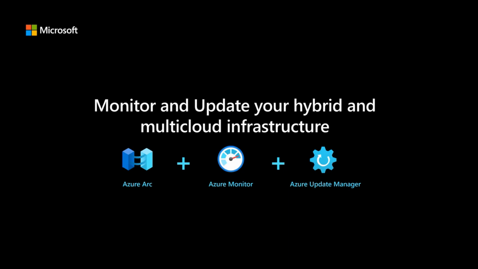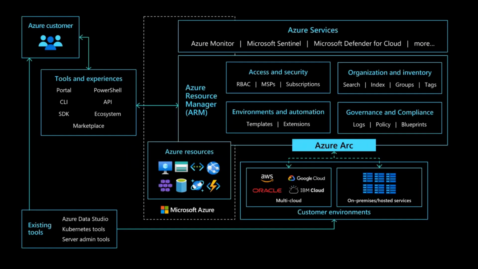And that's really what we're going to be focusing on today, drilling in on some of those benefits and showing some scenarios that allow you to understand how doing Arc enablement and connecting to Azure Monitor and Azure Update Manager is a tremendous advantage, and uses all similar tooling that you're already familiar with as an Azure customer.